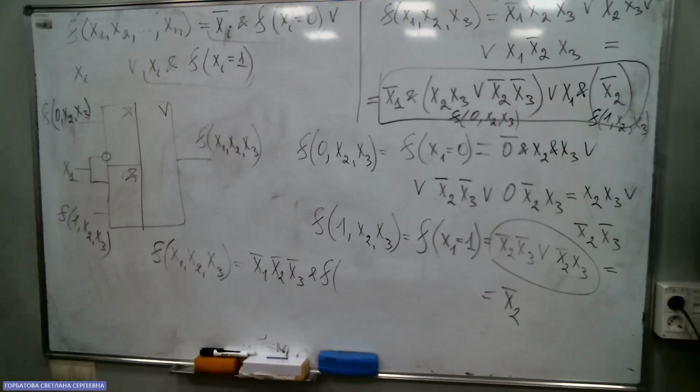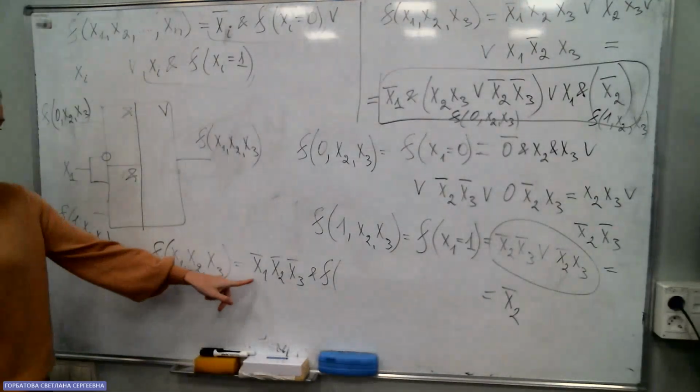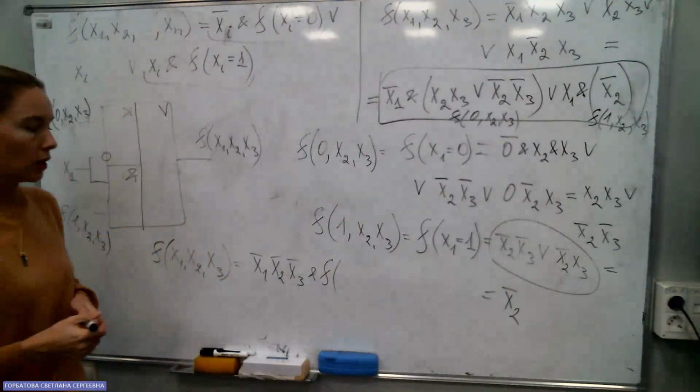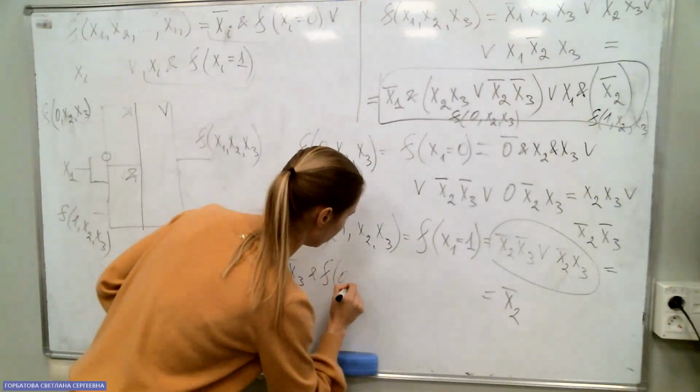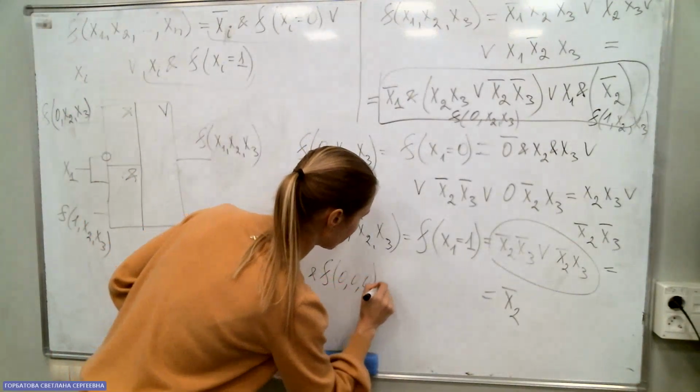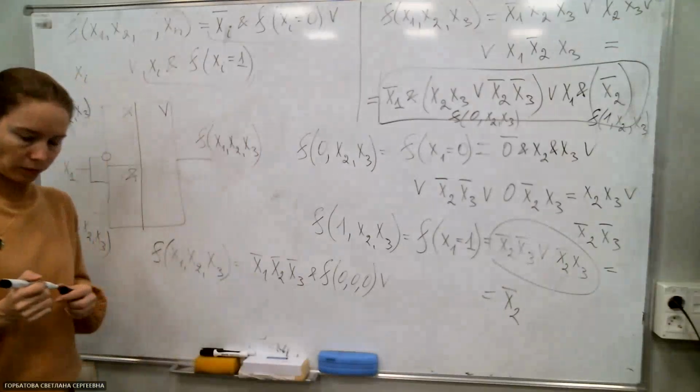We take all of them, it would be F of 0, 0, 0. Disjunction.